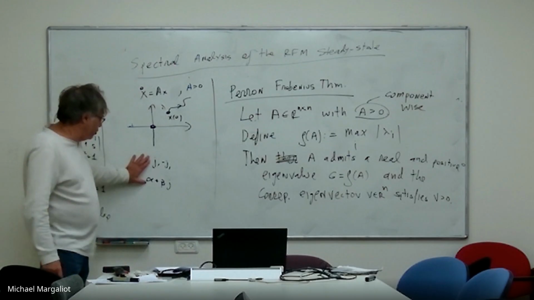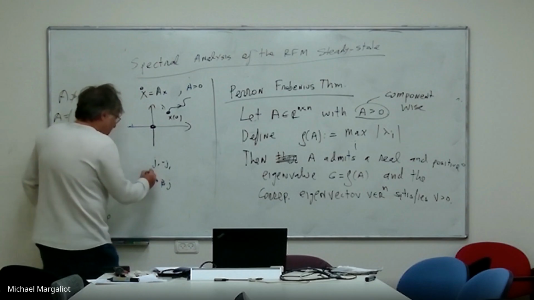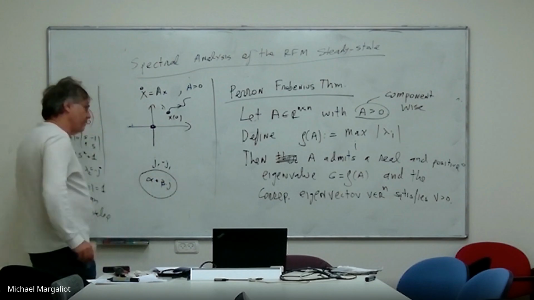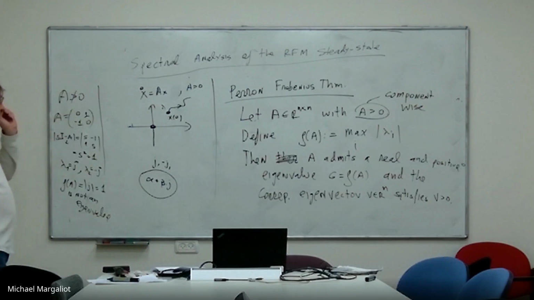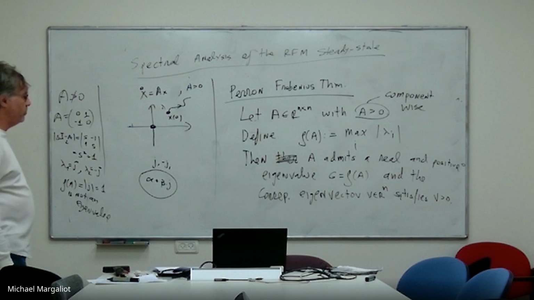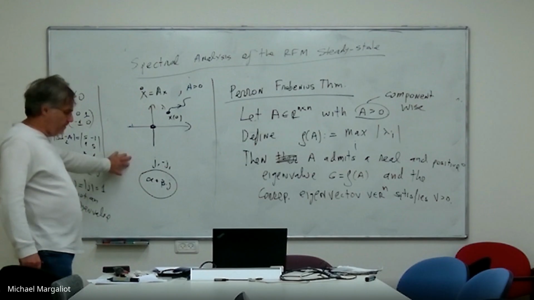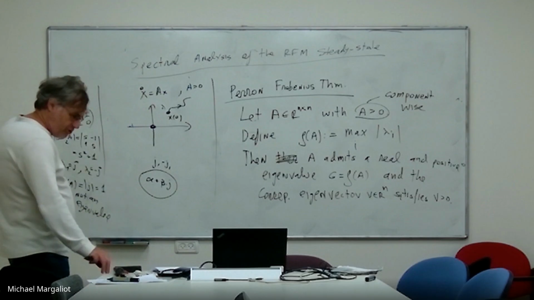This gives some intuition why the maximal eigenvalue cannot be complex. The dominant eigenvalue, the one with the maximal modulus, cannot be complex. I think there is a simple reason why it cannot also be a negative number, but now I forgot what it is. I'll think about this and maybe mention it in the next lecture.